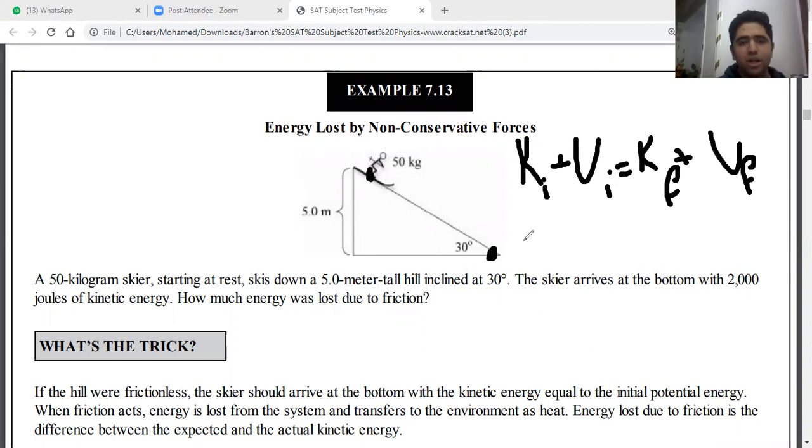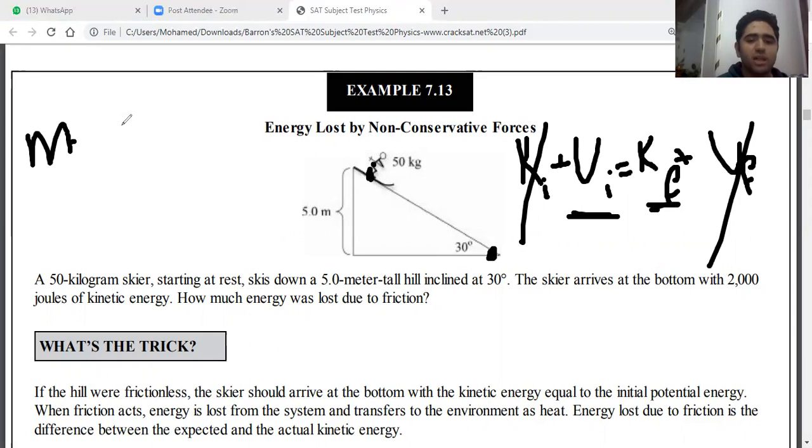Upstairs, you're not having any kinetic energy. And downstairs, you're not having any potential energy. So the potential energy upstairs equals the kinetic energy downstairs completely. Has to be. So what's the energy upstairs? That's mgh. That's potential energy.